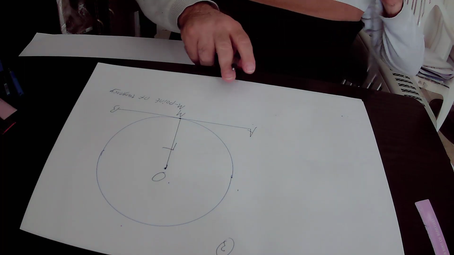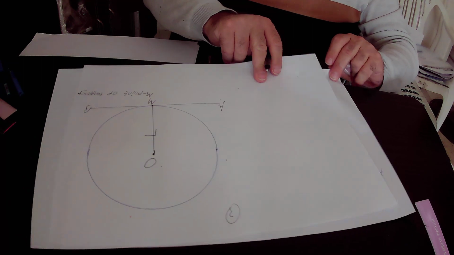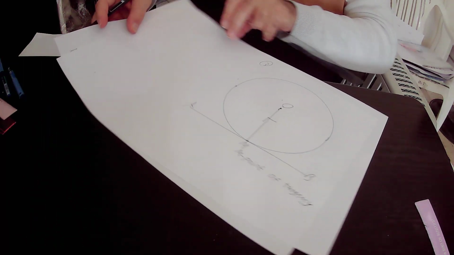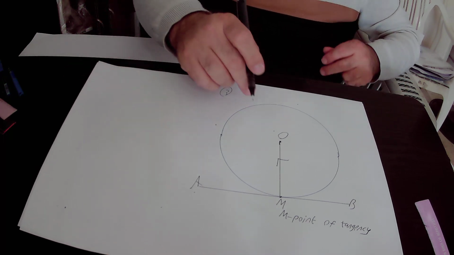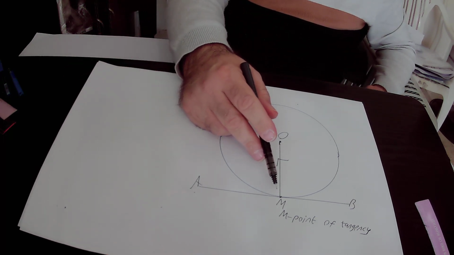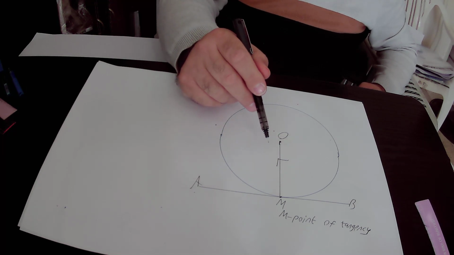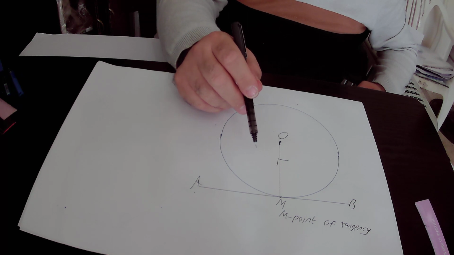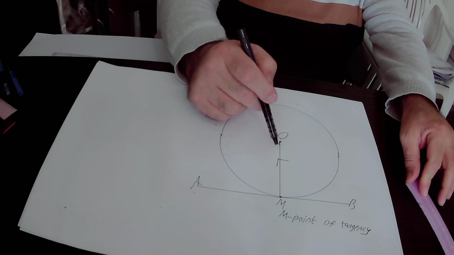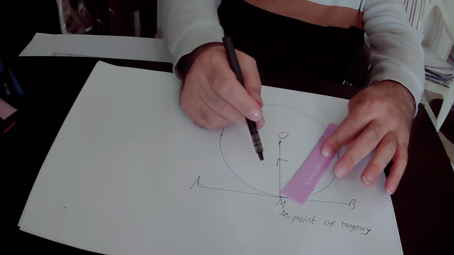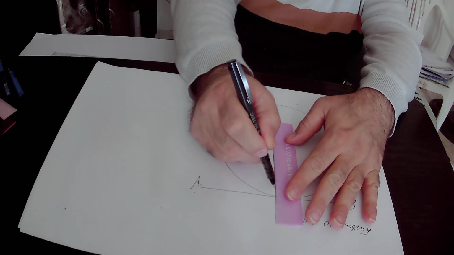So here, as you can see from the drawing, the radius OM is drawn to the point of tangency, that is to say to point M. Therefore, according to rule number 2, the tangent AB is perpendicular to this radius, that is to say this angle equals 90 degrees.